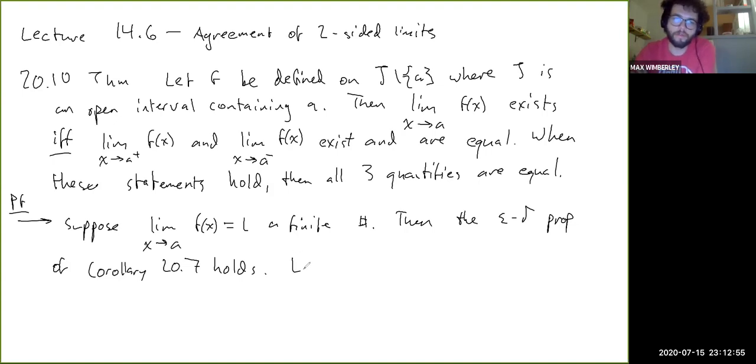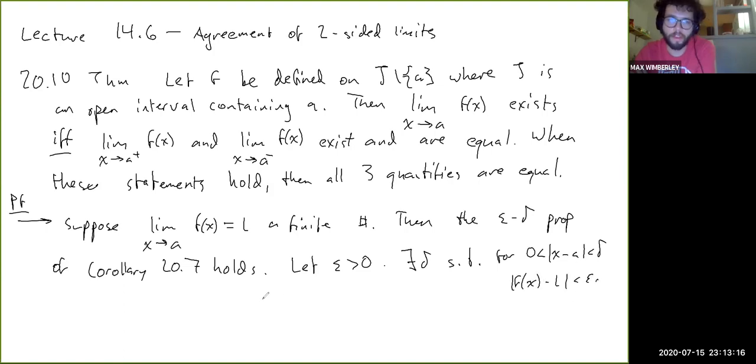So if we let epsilon be greater than 0, then there exists a delta such that for 0 less than absolute value of x minus a less than delta, we have absolute value of f of x minus L less than epsilon.